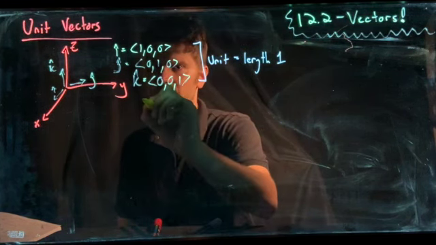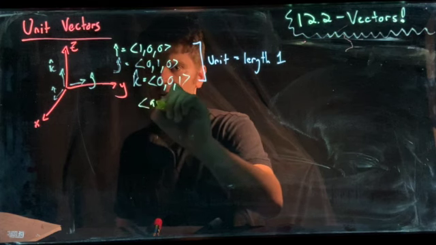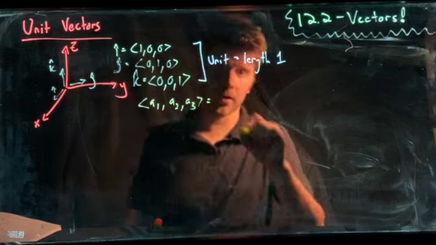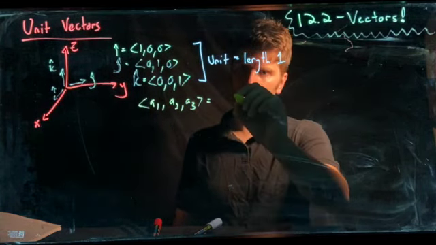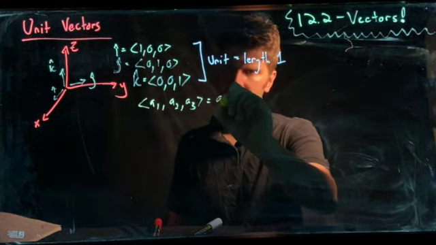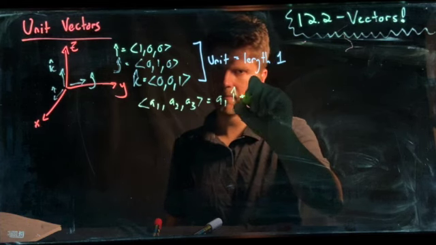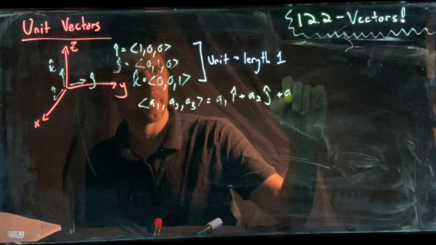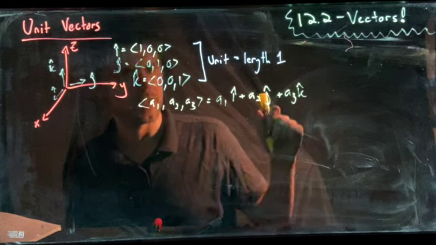So let's say I have the vector A1, A2, A3. Sometimes we will write this vector as A1 i hat plus A2 j hat plus A3 k hat.